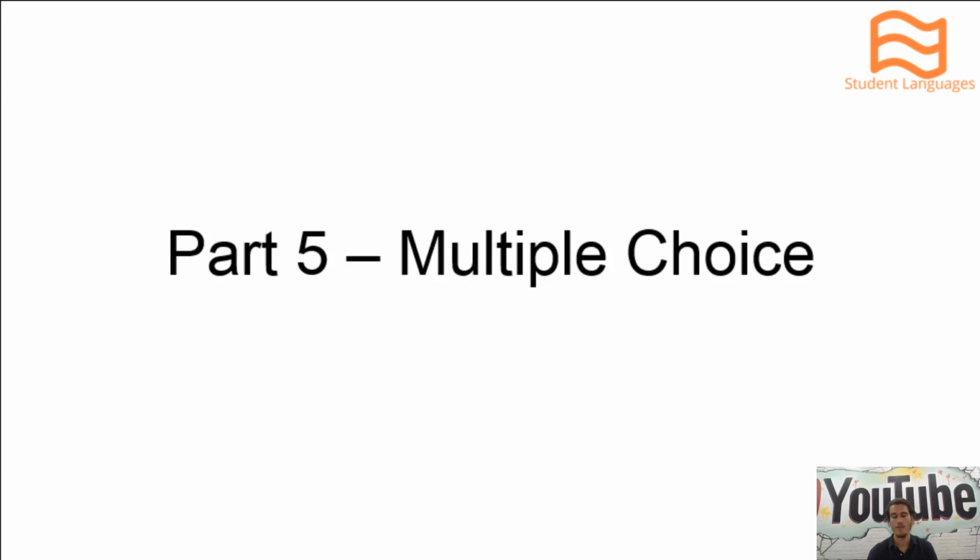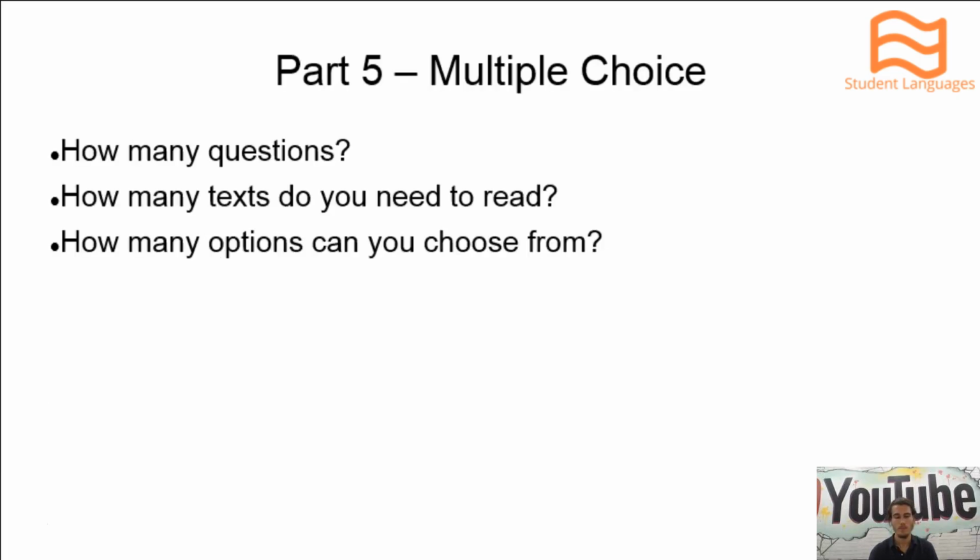So part 5, multiple choice. How many questions are there? There are 6 questions. How many texts or passages do you need to read? Just 1. And how many options can you choose from? You can choose from 4 options, because it is a multiple choice test.